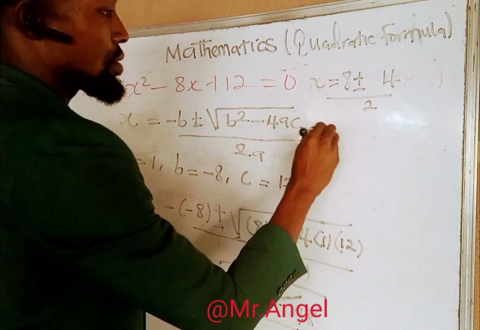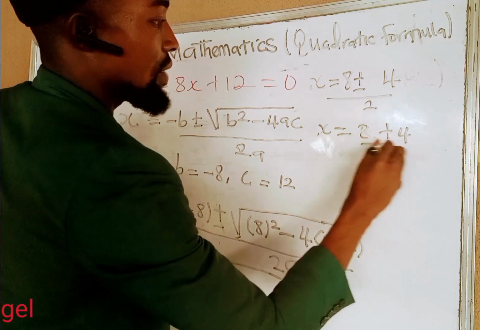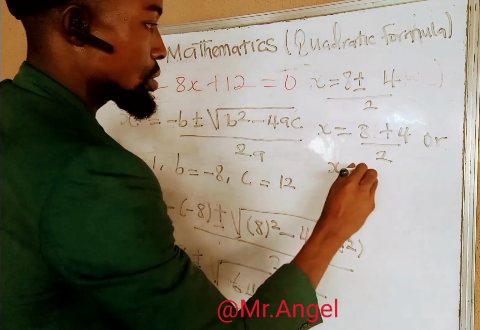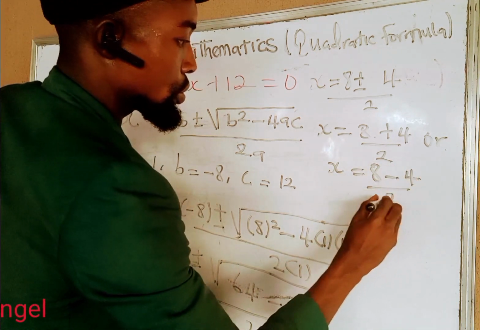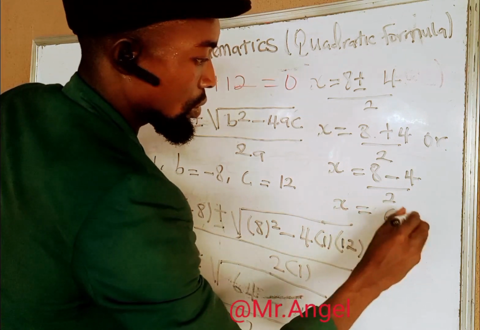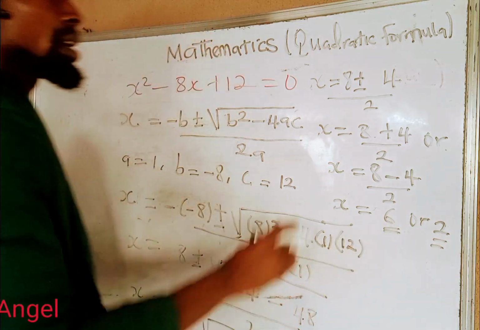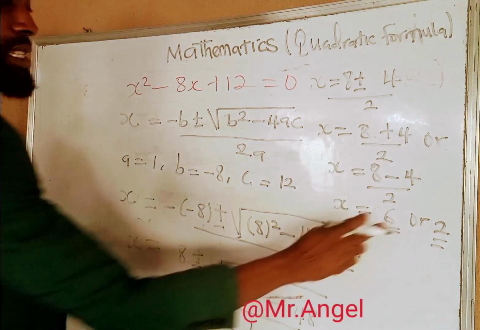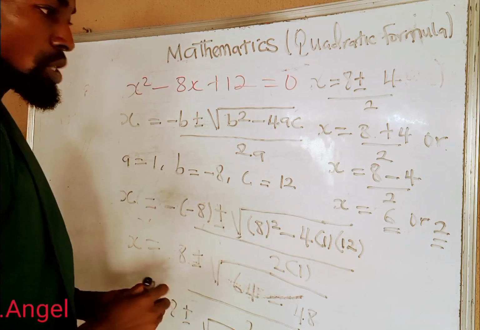So our s will be equal to 8 plus 4 divided by 2, or our s will be equal to 8 minus 4 divided by 2. So we have s as 6 or 2 as our final answer. Why? 8 plus 4 is 12, divided by 2 is 6. 8 minus 4 is 4, divided by 2 is 2.